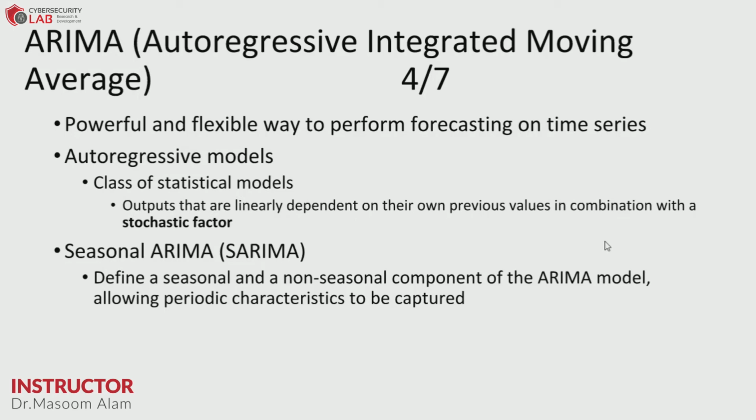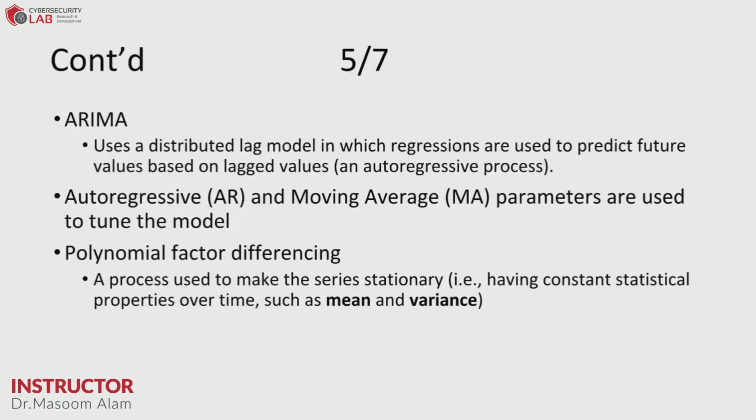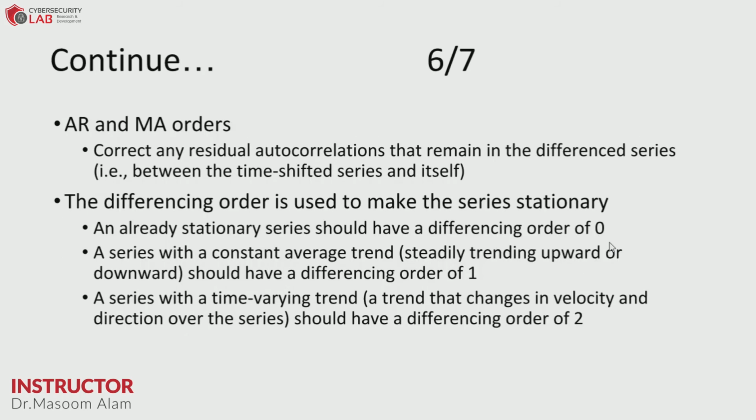Seasonal ARIMA, on the other hand, defines a seasonal or non-seasonal component of the ARIMA model, allowing periodic characteristics to be captured. So we look at the periodic characteristic, like in this time frame, if this spike was coming in the series, what exactly is the reason?